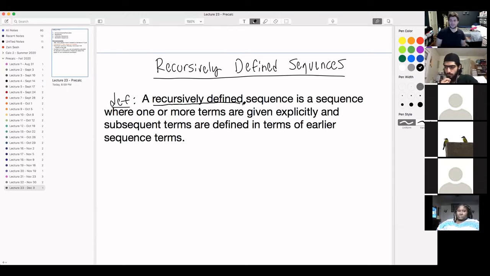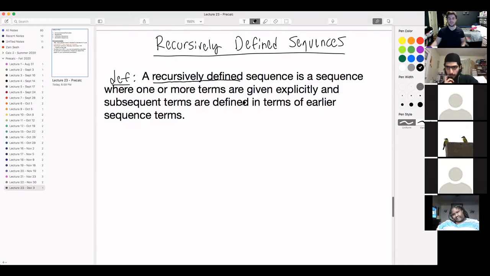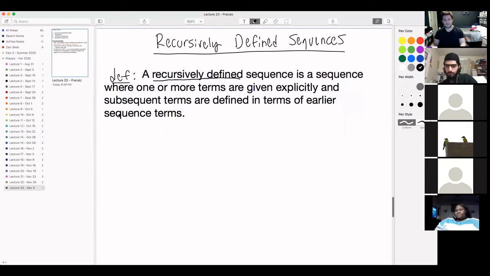This is best illustrated with a concrete example. Essentially, I give you the first term or the first two terms usually, and then the next terms will be generated using the previous terms. So this is what it looks like in practice. a sub 1 equals 3, and a sub n equals 2 times a sub n minus 1 minus 1.